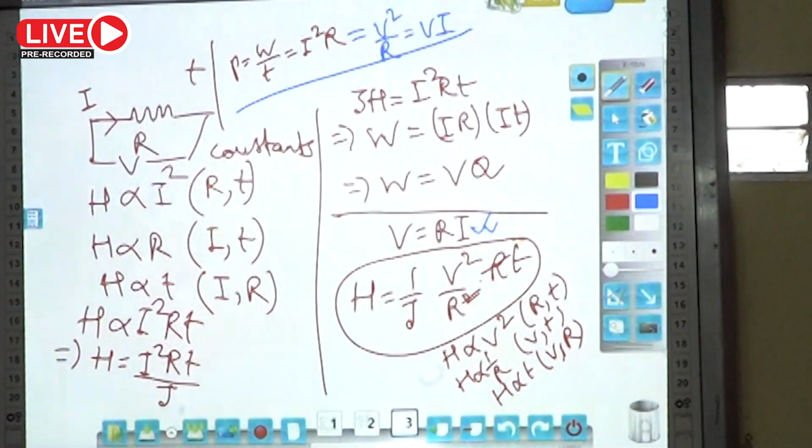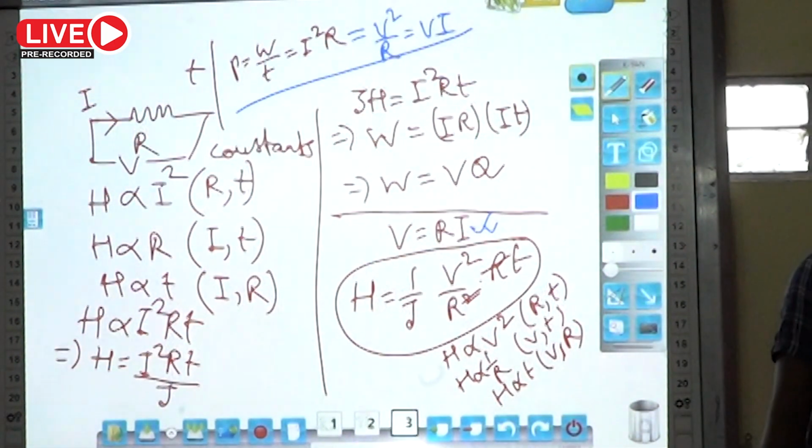Either I square R, V square by R, or V into I, all forms are the form of power. You can apply any one to solve the problem. But remember, which one is given constant has to be carefully taken. Okay.